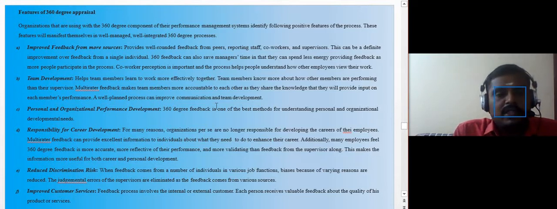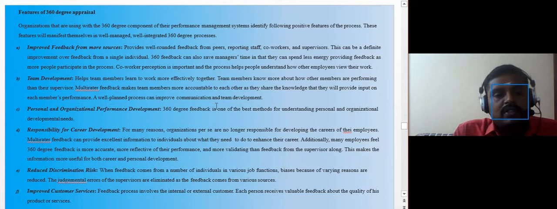Team development helps team members learn to work more effectively together. Team members know more about how other members are performing than their supervisor, and multi-rater feedback makes team members more accountable to each other as they share the knowledge that they will provide input on each member's performance.